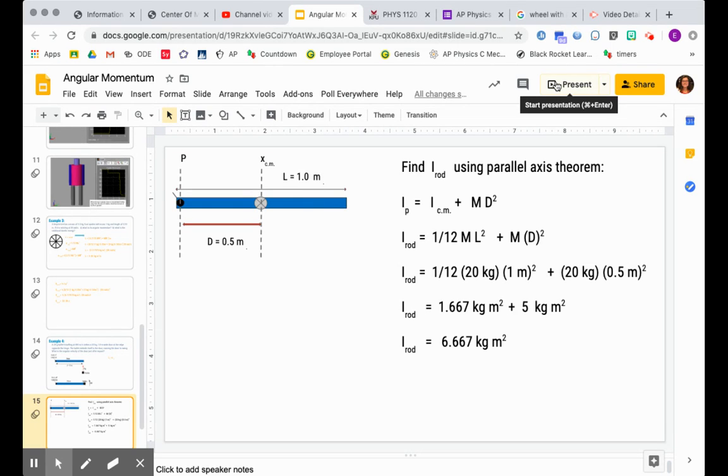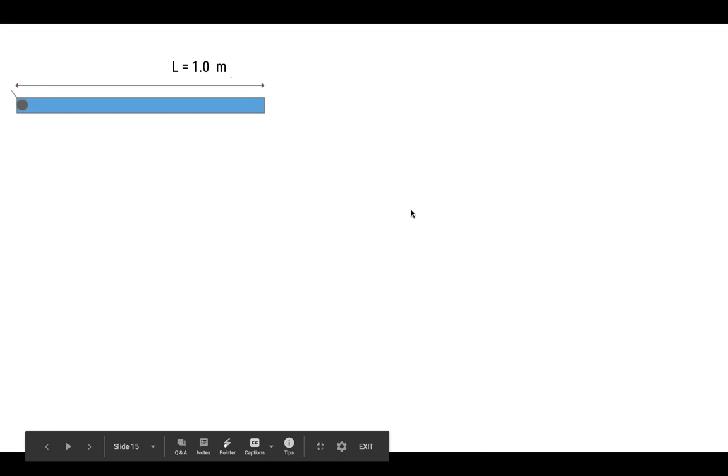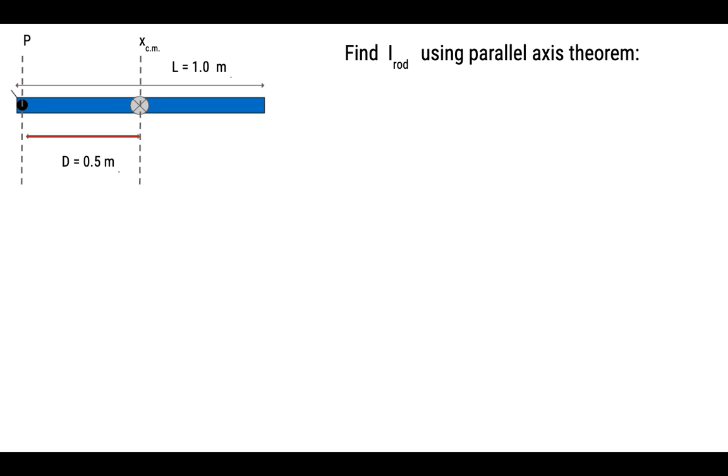So we could use the integral of r squared dm, find an expression for dm, and integrate across that area. Or, because the actual axis of rotation is parallel to the axis about the center of mass, we can use the parallel axis theorem.